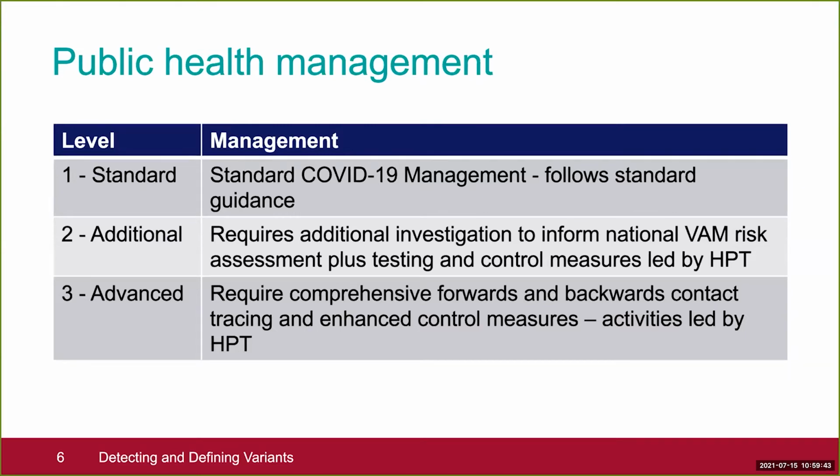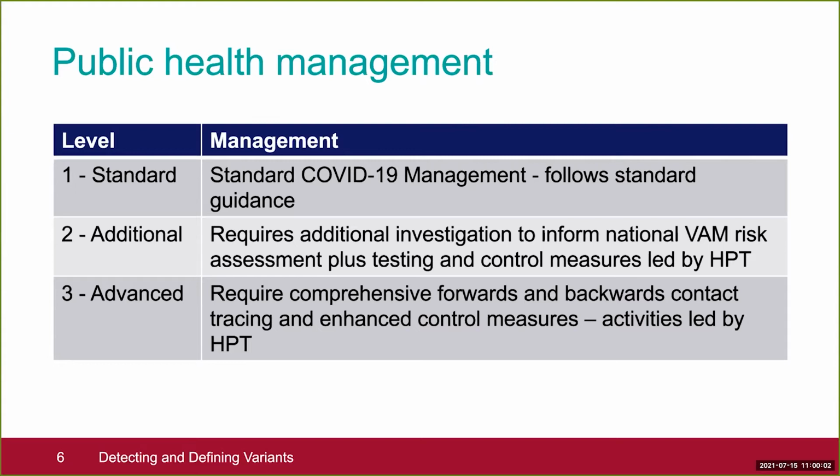At the moment, the most successful example of this is our beta and gamma cases. We are very aggressively contact tracing those to make sure that they don't spread in the community. And to this point, touch wood, we've done that very well.